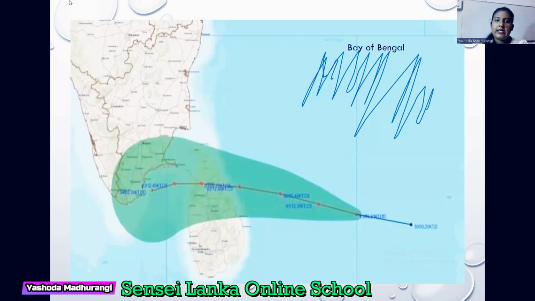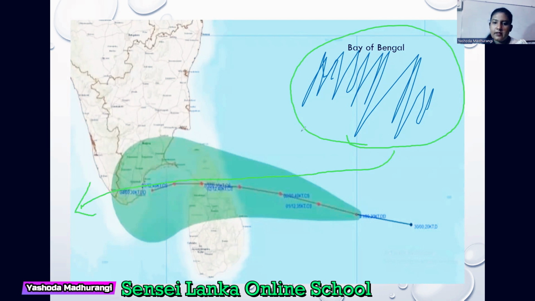Bay of Bengal is closer to Sri Lanka. In this area, because of the low air pressure, these cyclones are taking place. So we get its effect. We are affected by it because we are close to the Bay of Bengal. It is the third type of rainfall. You know now monsoon, convectional and cyclone.